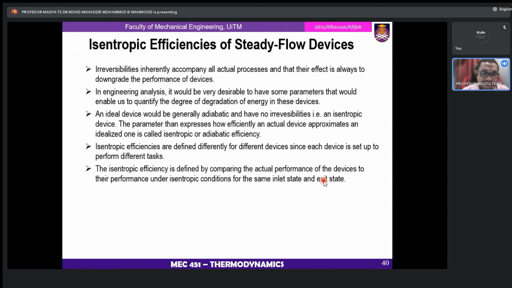So the isentropic efficiency is defined differently for different devices, since each device is set up to perform different tasks. So isentropic efficiency is defined by comparing the actual performance of the device to its performance under isentropic conditions for the same inlet state and exit pressure.